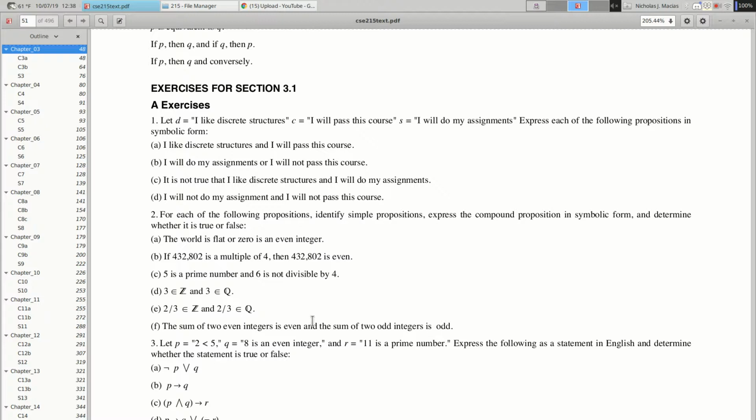For example, I could say, let W be the proposition which says the world is flat. And let Z be the proposition 0 is an even integer.